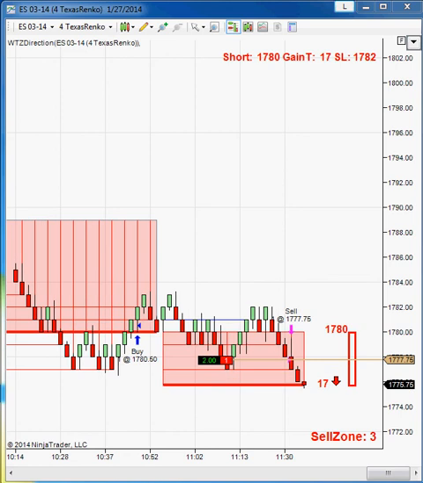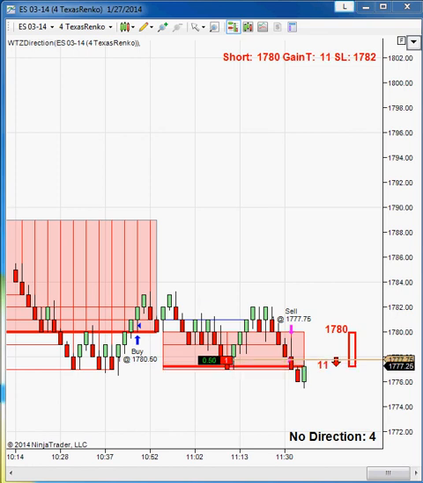Okay, sell zone 3, that's good. So that's in our favor. And let me see if they go against us. So our final stop is 1780 is the opportunity, but 1782 is the stop loss, final exit.